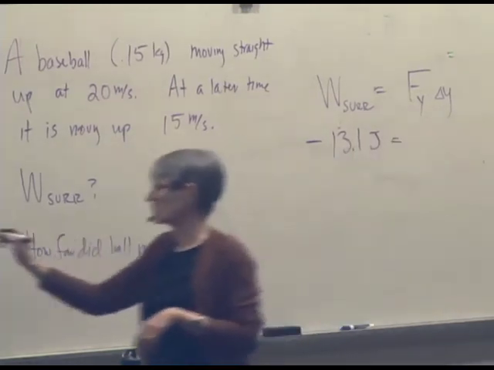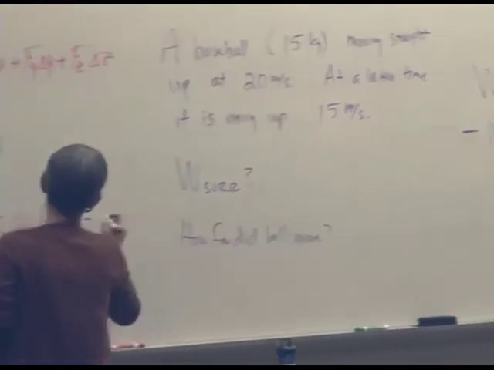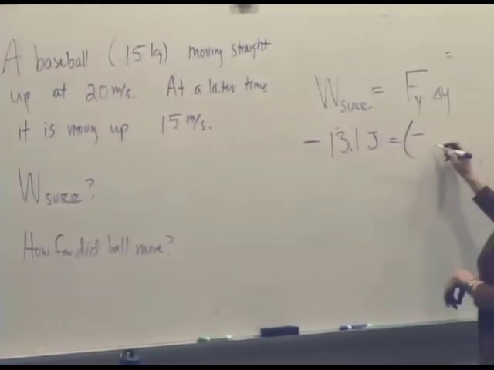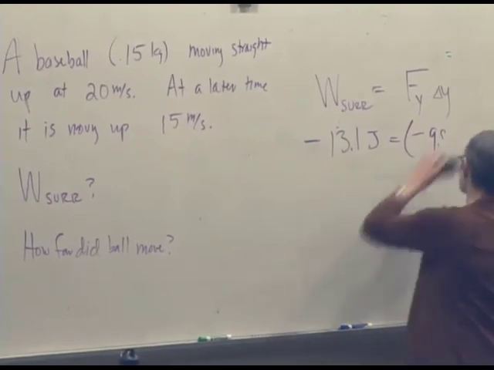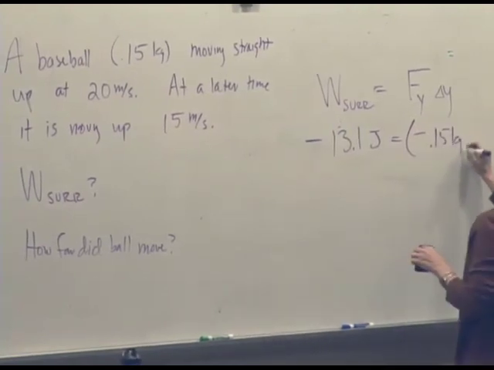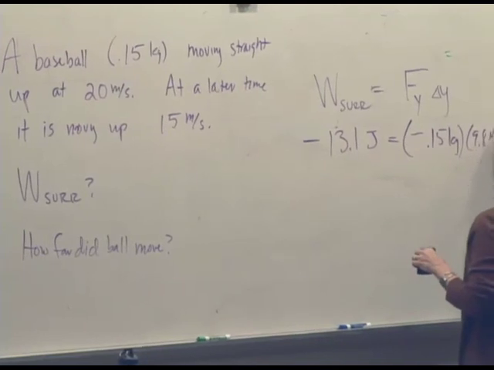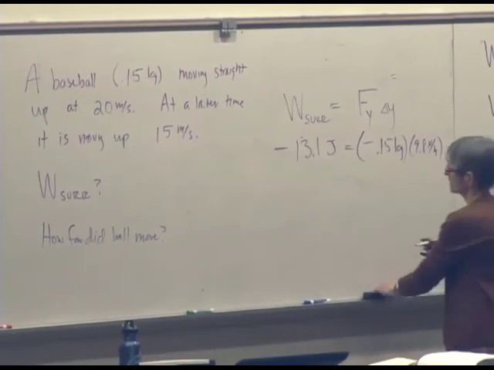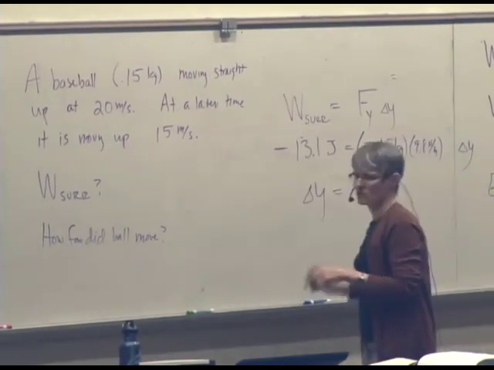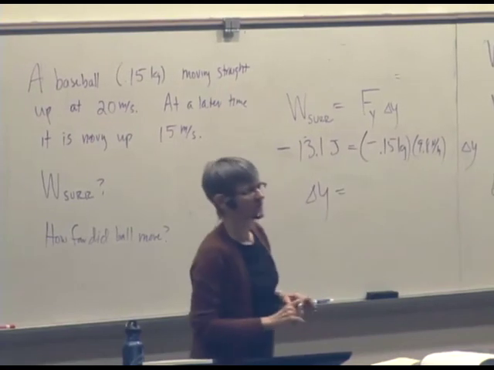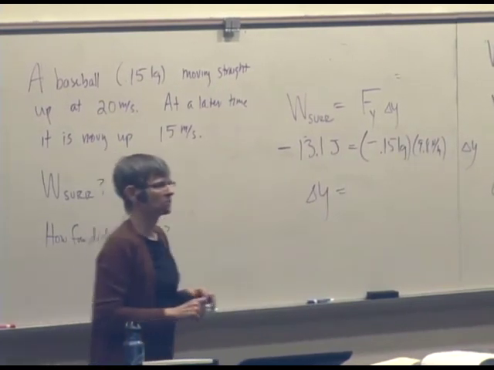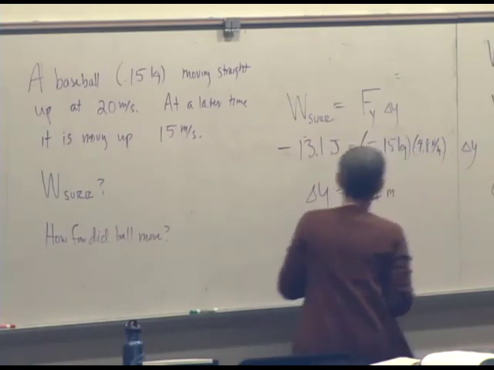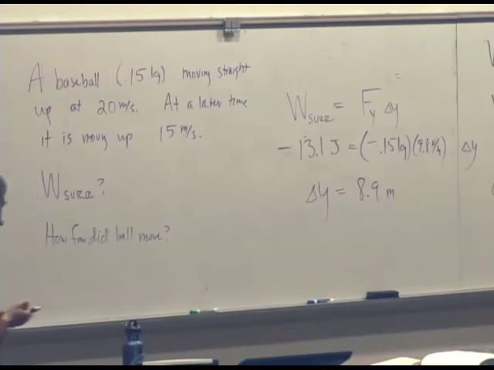This is, of course, equal to a minus mg. So we have minus 0.15 kilograms times 9.8 newtons per kilogram times delta Y. And so we come out with some number for delta Y. Point what? So 8.9 meters, and it's positive, and that looks right.